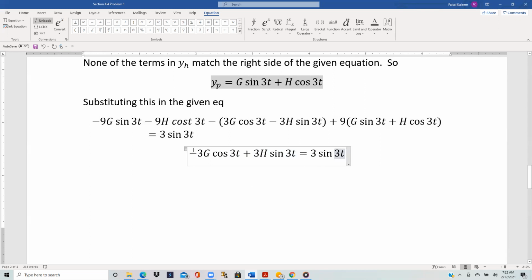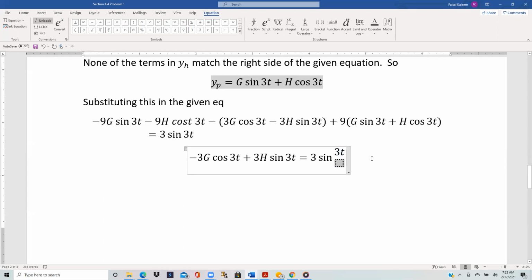And now we're not done. The reason for substituting in the original equation is that we need to find these constants. These g and h have to be found. And the way we do it from this equation is we compare coefficients of sine 3t on both sides and cosine 3t on both sides.